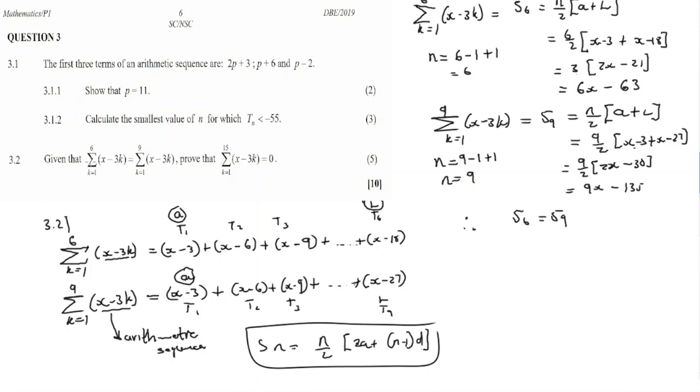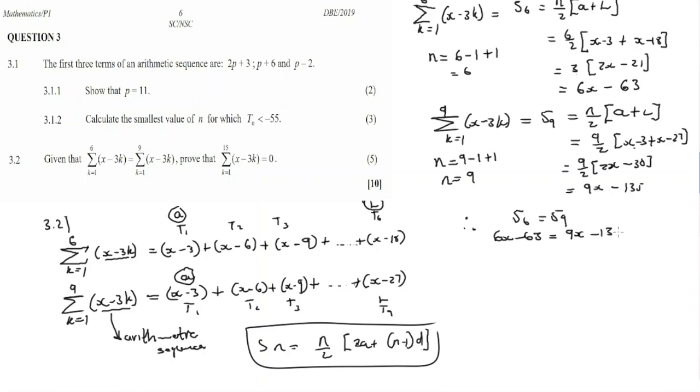So therefore siyabona ukuthi sigma lo ka 6 is equal to the sigma kabani ka 9. So therefore now I can equate ke manje ngithi S6 is equal to S9.